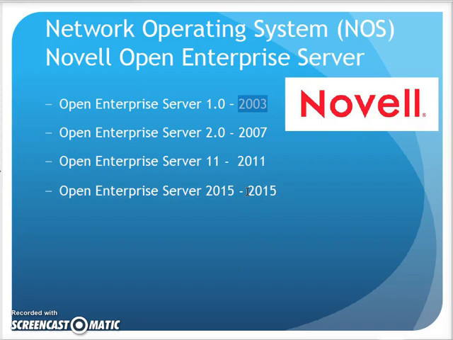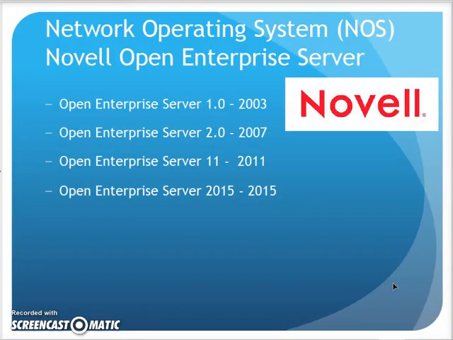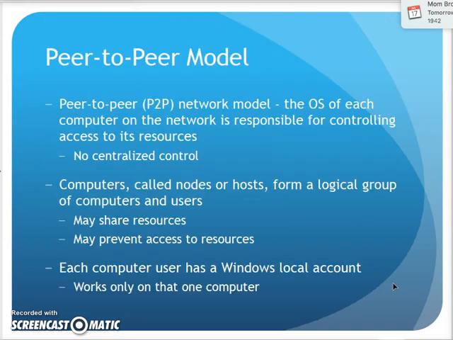I didn't look up the latest distribution of it, but Novell has a server operating system. And again, you probably don't recognize their name because they don't have the desktop OS counterpart. But these are all server OSs that are designed to do the file and printer restrictions and access on the network, those kinds of things.